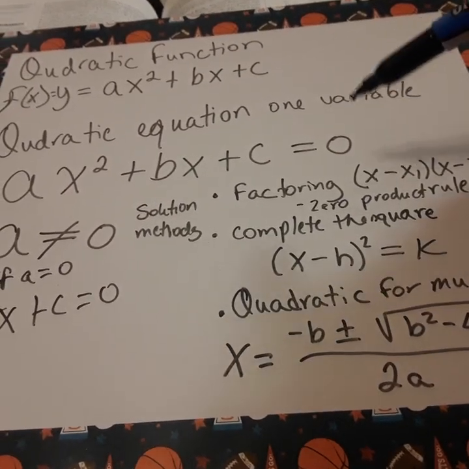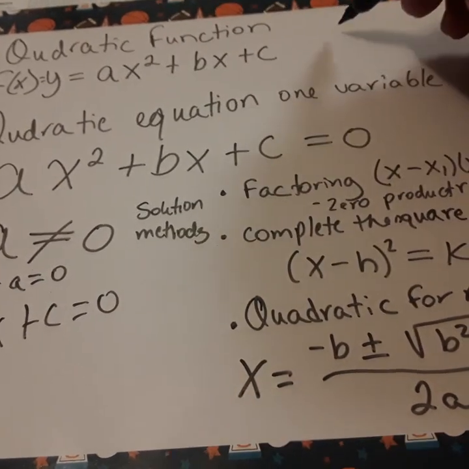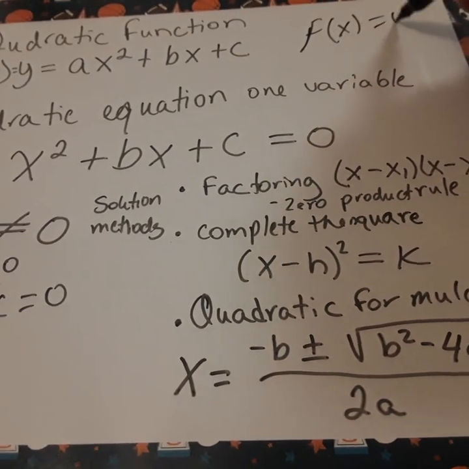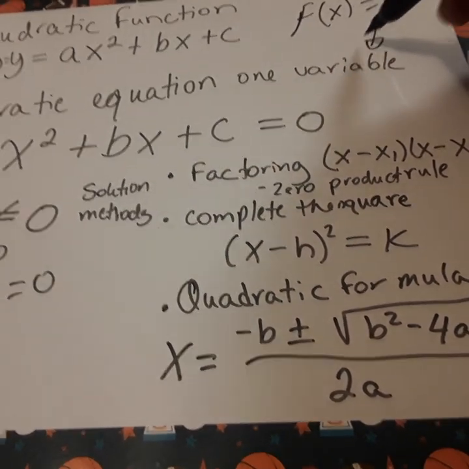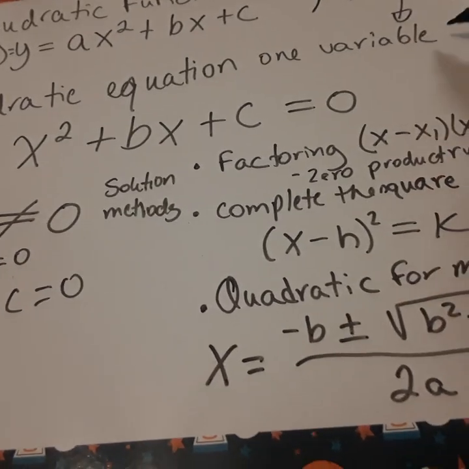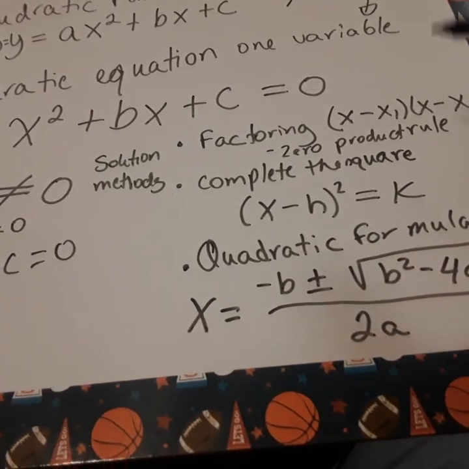And notice that we get the quadratic equation when f of x is equal to zero. So if f of x is equal to zero, we get the quadratic equation, and then we can solve.